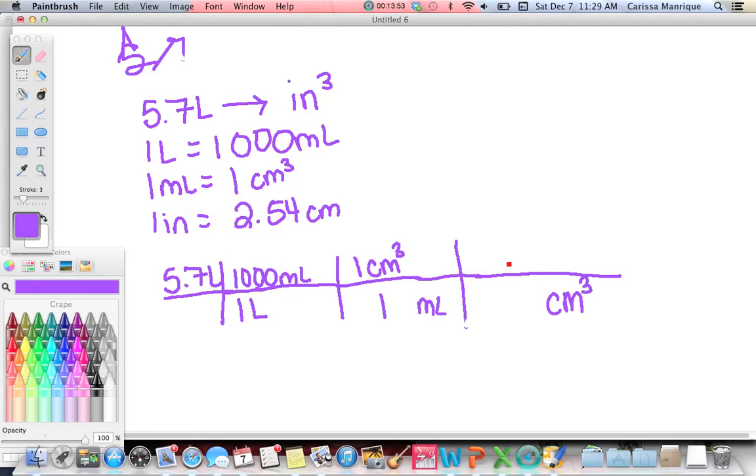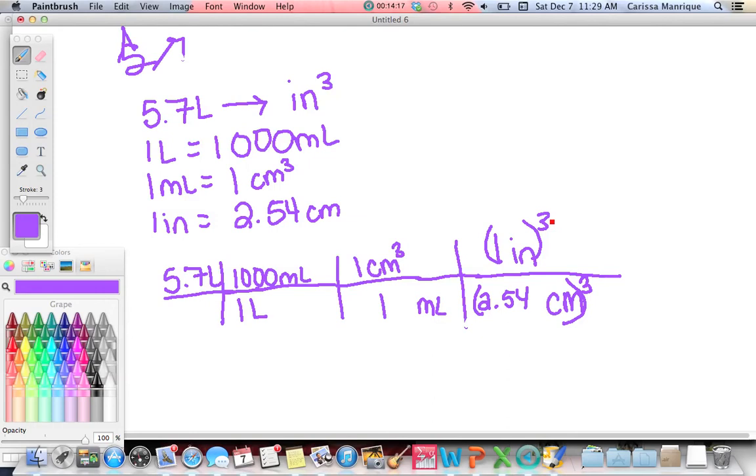So I know that 2.54, now I don't want to just cube the unit. I need to cube the whole number. So I'm going to put a parentheses right there. So I need to cube that number equals 1 inch. If you want, cube this whole thing here.